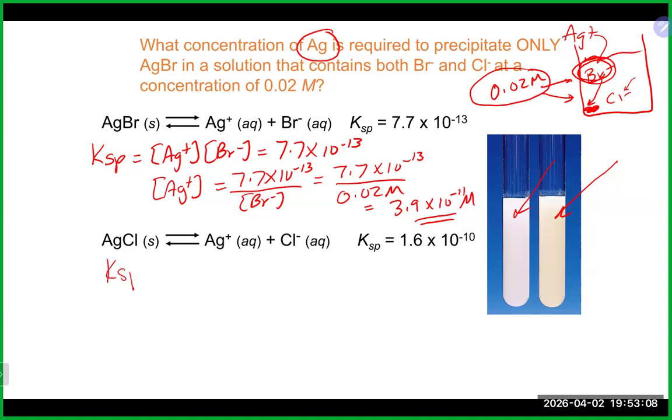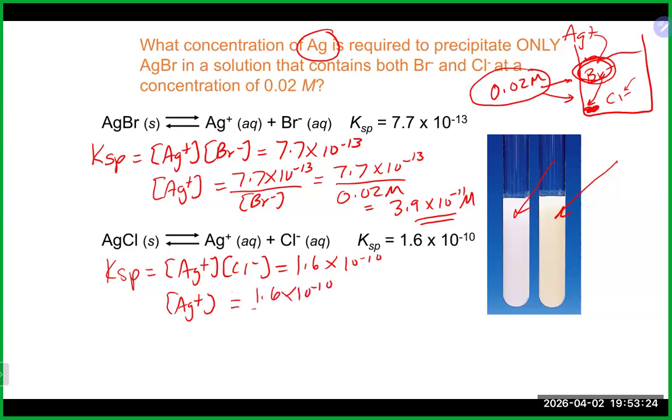If we take the KSP expression for silver chloride, silver times chloride equals 1.6 times 10 to the minus 10. Again, solving for silver, 1.6 times 10 to the minus 10 divided by our chloride concentration, 0.02, which was given to us in the problem.